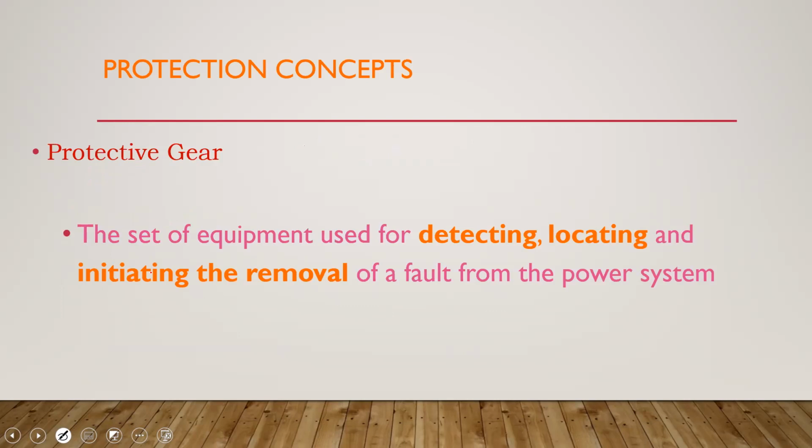So we now come to what I referred to briefly earlier when I spoke about your protective gear. And your protective gear is simply that set of equipment that's used for detecting, locating, and initiating the removal of a fault from the power system. All right?